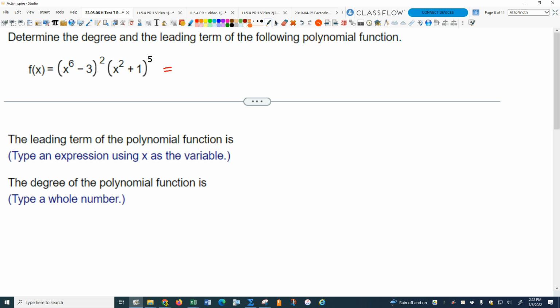Because this one is giving us x to the 12th plus stuff. That one's giving us x to the 10th plus stuff. And so when I distribute, I'm getting x to the 22nd plus stuff. So our leading term would be x to the 22nd, and the degree is 22. Okay, good.